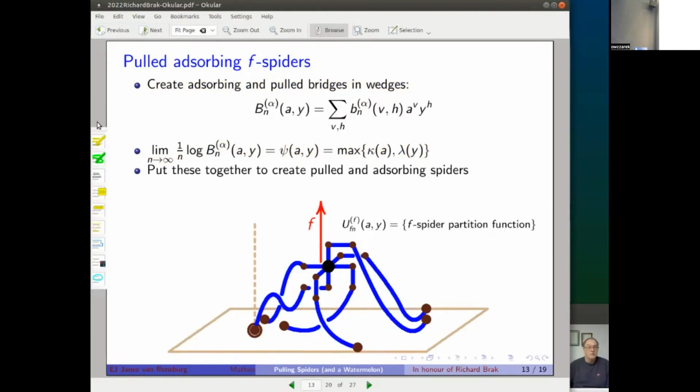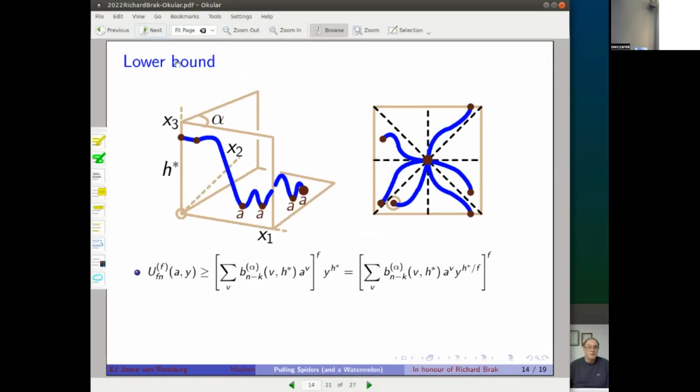So here I'm creating the pulled adsorbing bridge, and you can see it's consisting of two components. There's first of all this part here, which is a pulled bridge, and then there's a second part starting there going up to here, that is an adsorbing loop.